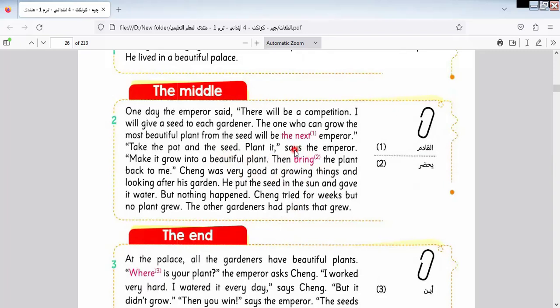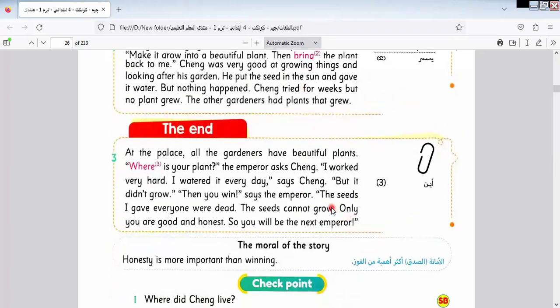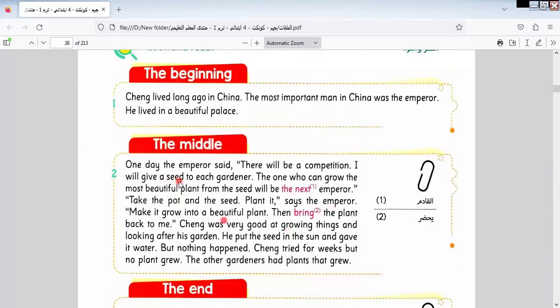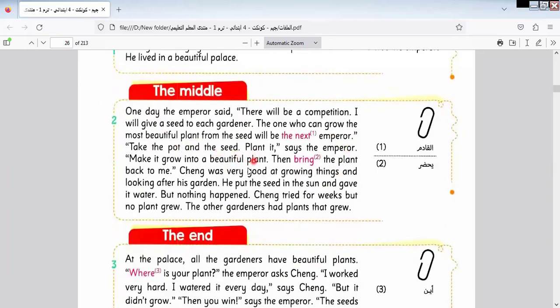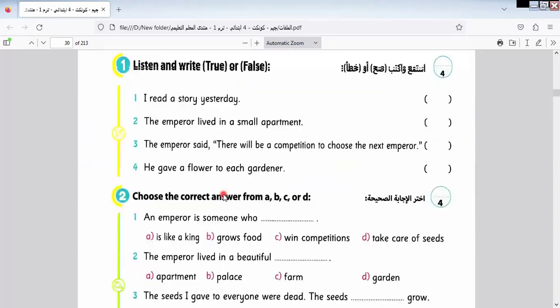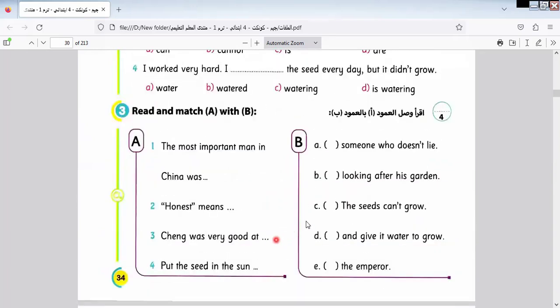The one who takes care of the garden, looking after his garden. He's growing things and looking after his garden. So Cheng is the one who takes care of the garden. Put the seeds in the sun and give it water to grow.